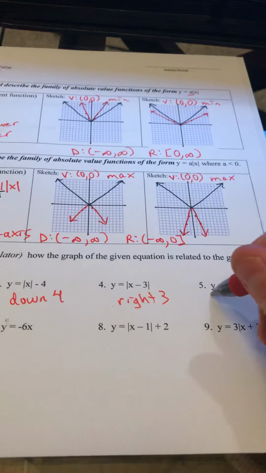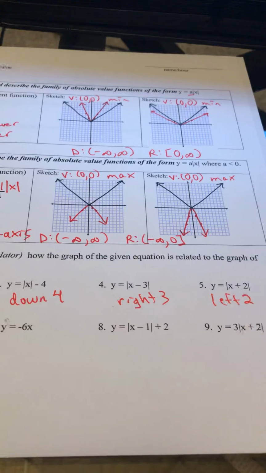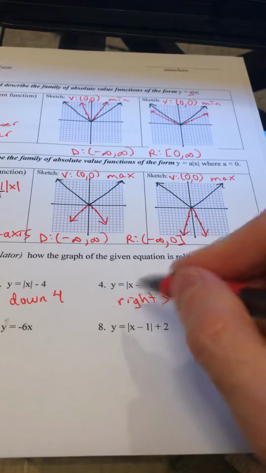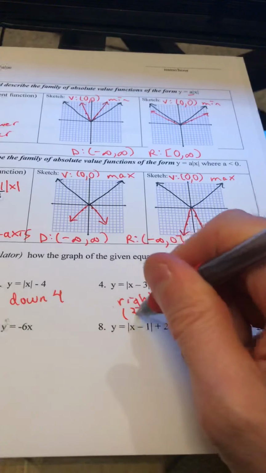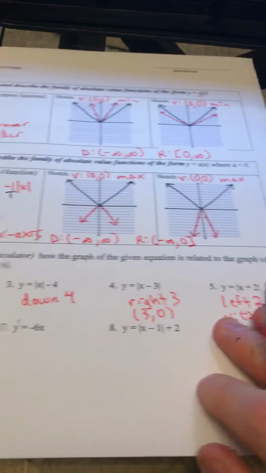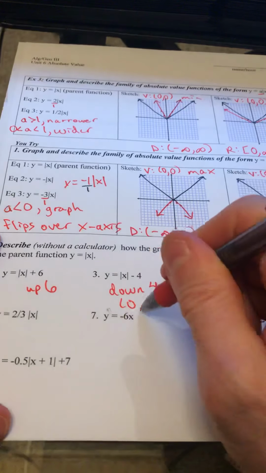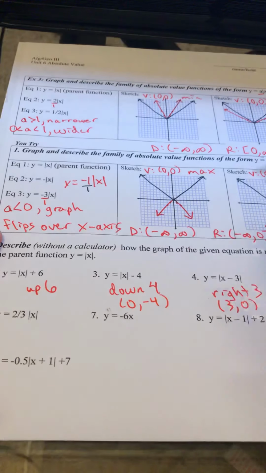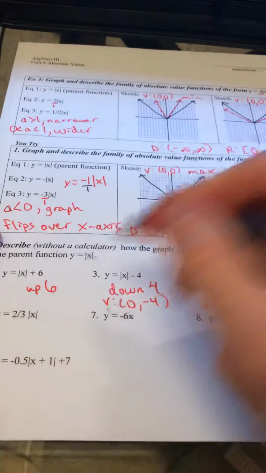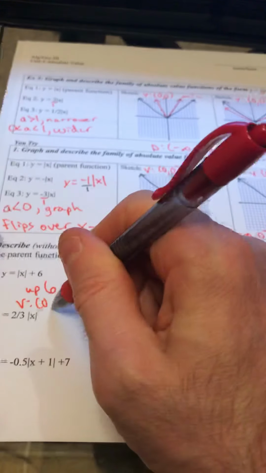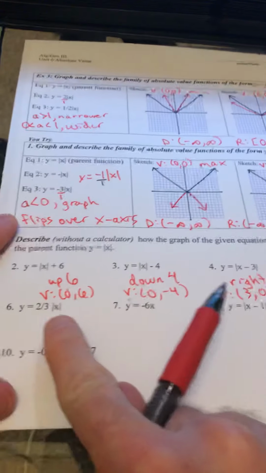Plus 2 is going to shift the graph left 2. And then the other thing that I am going to do now, your vertex, if it shifts left 2, is negative 2, 0, excuse me. Here, if it shifts right 3, 3, 0. Down 4, 0, negative 4 is your vertex. And then up 6 has a vertex of 0, 6.